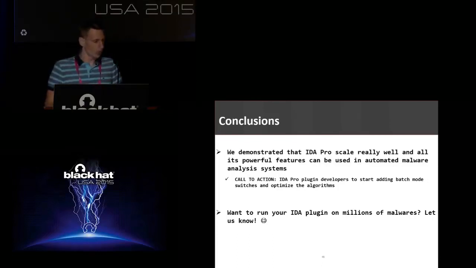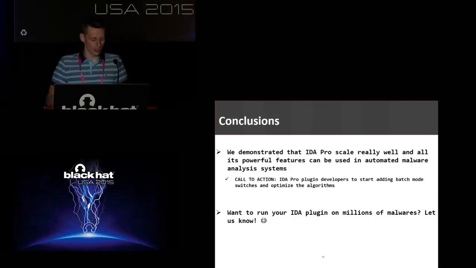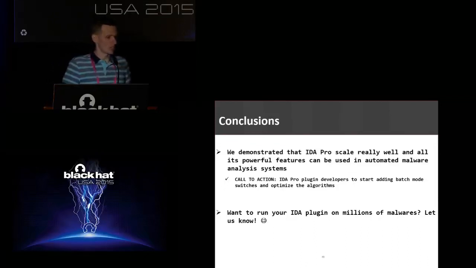We would also like to bring the attention of IDA Pro plugin developers, as a call to action, to add batch processing to their plugins to facilitate their integration into this distributed analysis. On the other hand, if you want to run your plugin on a large set of samples, please let us know, because that would be an interesting experience.